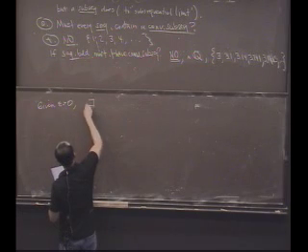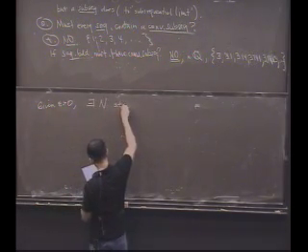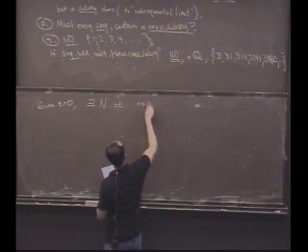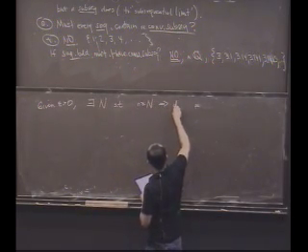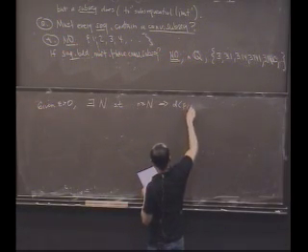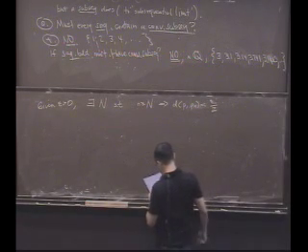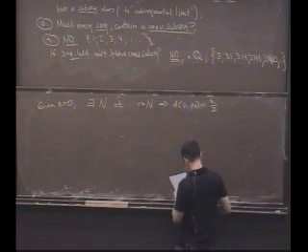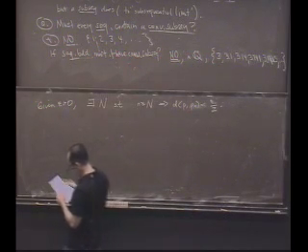There exists a big N such that little n bigger than big N implies the distance from P to Pn is less than, how about epsilon over 2? Okay. Great. So what N am I going to use?